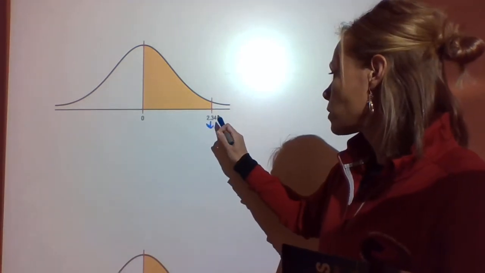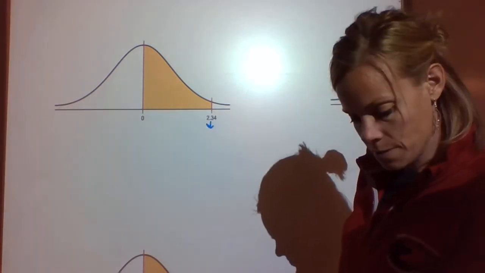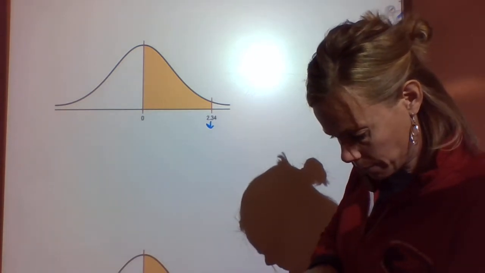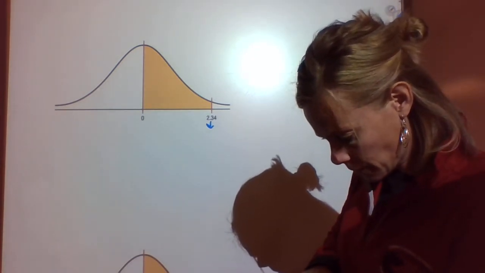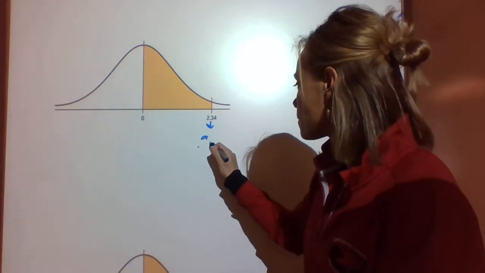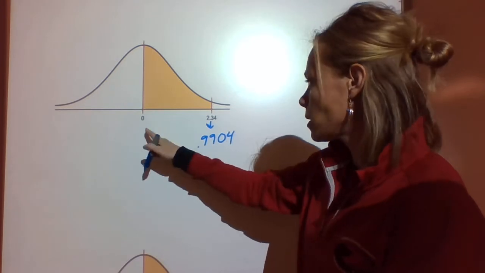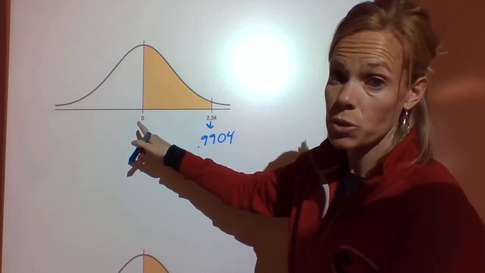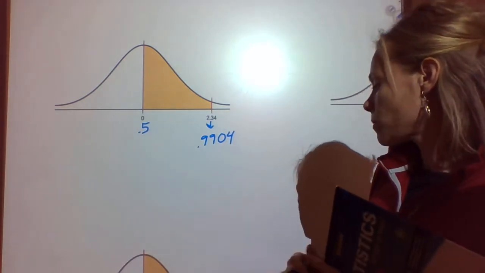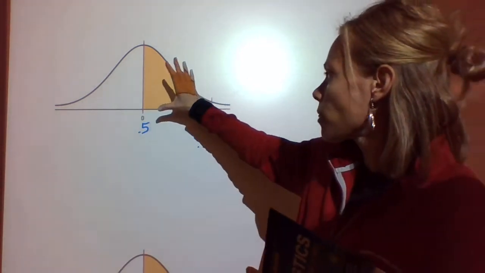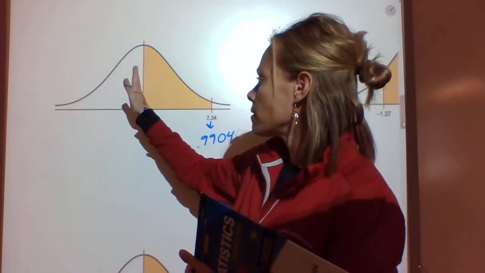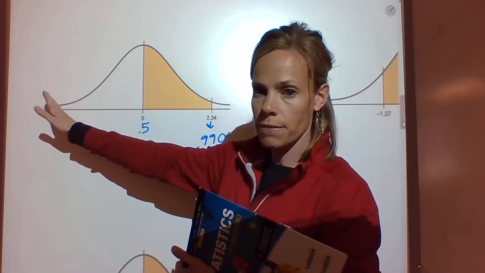Okay. All right, so look up 2.34, and I get 0.9904. Look up 0, and you shouldn't have to look up, you should know it's 50%. So I know that this whole thing is 0.9904, and then this is 0.5.